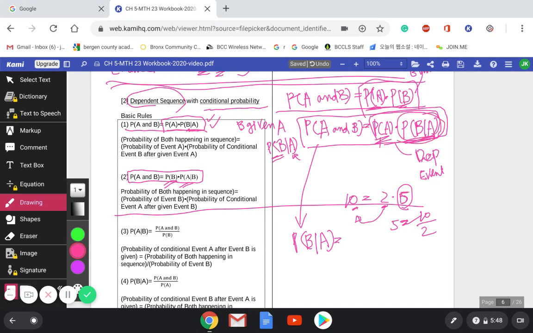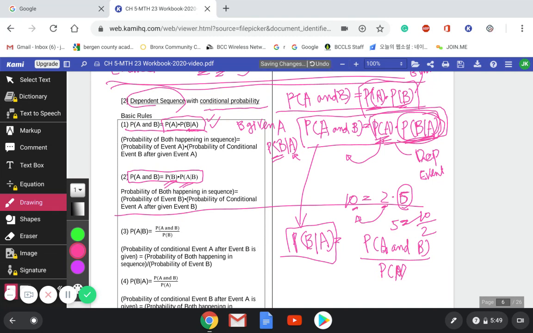So in case they ask for the given portion, you find it by probability of A and B divided by probability of B. Notice that for B given A, A has to be at the denominator. Then if you're looking for probability of A given B, B is the second and B is the bottom.